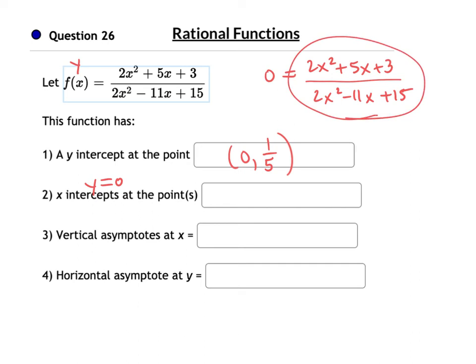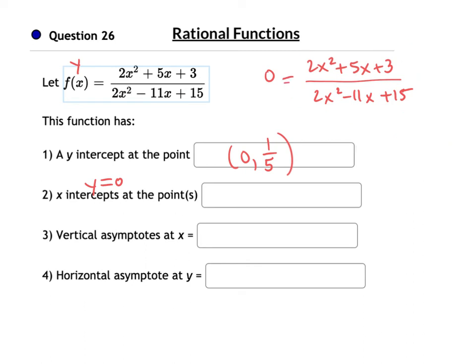And the answer is whenever the top is 0. Then whenever the numerator is 0. The only way to make a fraction 0 is to make the numerator 0, because 0 divided by anything is 0. When is this numerator, when is it 0?